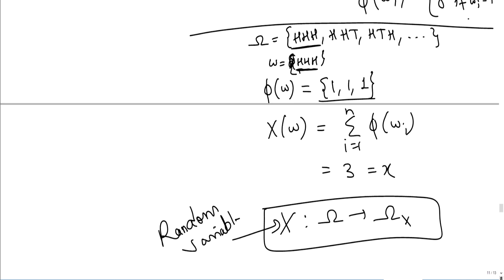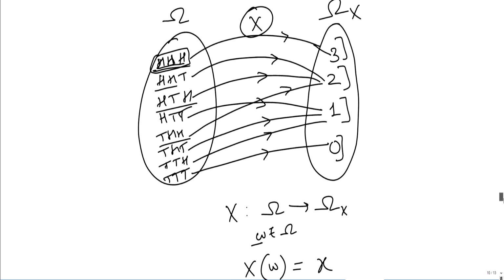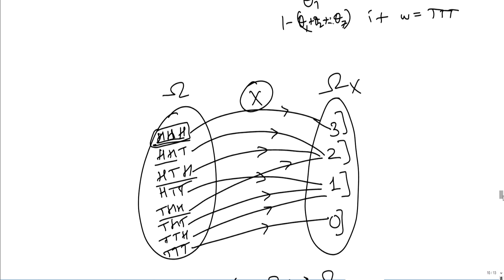This is what we use to transform a categorical space to a more numeric well behaved space, or some another space. You can transform it to any space. So, the function that we use is called a random variable.